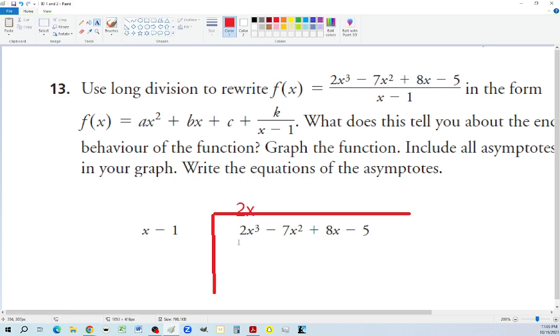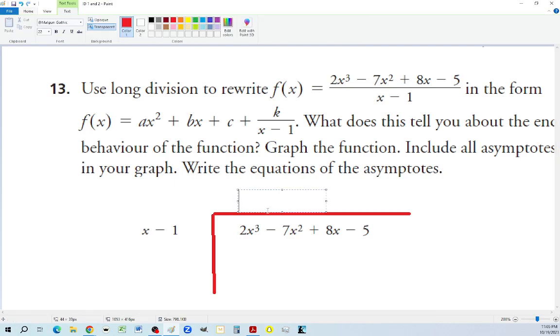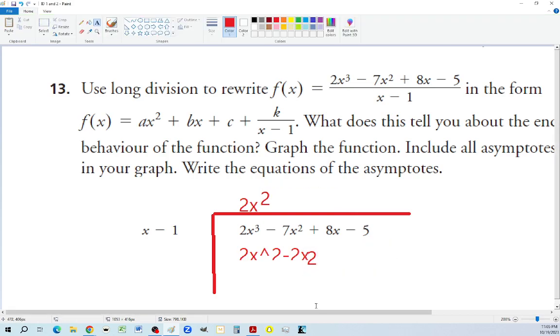When I multiply x minus 1 by 2x, I get 2x squared minus 2x. How many times does it go in? Minus 2x squared. When I subtract that, this negative 2x squared becomes positive, so it becomes negative 5x squared.